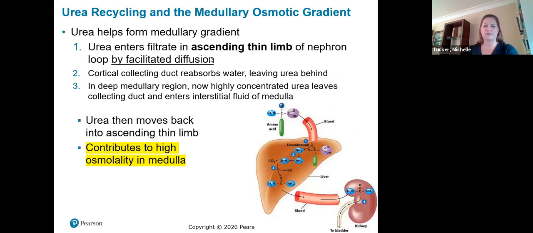So there are nitrogenous wastes that need to be removed. The body will also use urea to alter the osmolarity gradient in the medulla. So at the very hairpin part of the loop, urea is secreted into the interstitial fluid to increase the osmotic level in that medulla.